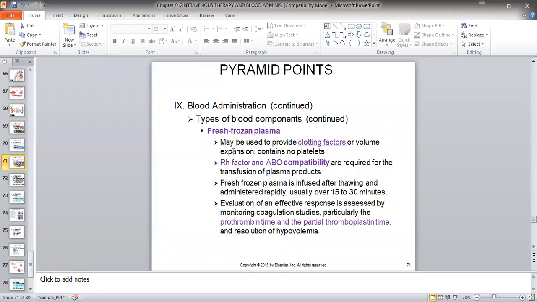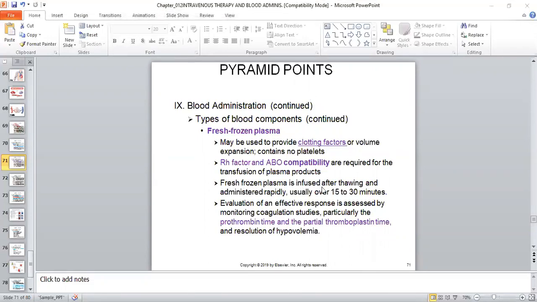Sometimes a patient needs fresh frozen plasma, which may be used to provide clotting factors for a deficiency. Rh factor and ABO compatibility are required for transfusion of plasma products. Fresh frozen plasma is infused after thawing and administered rapidly, usually over 15 to 30 minutes.